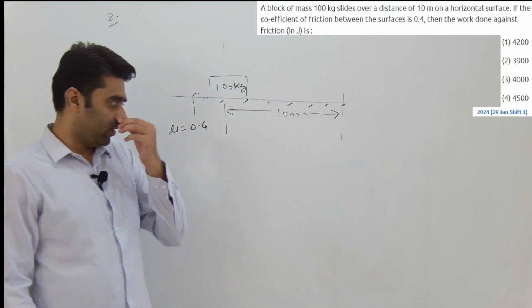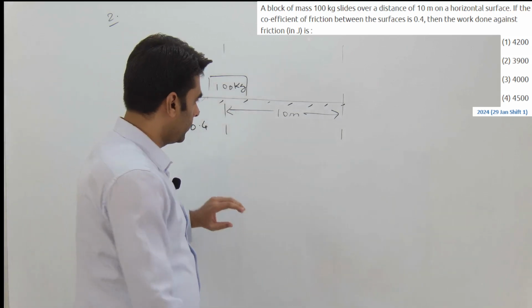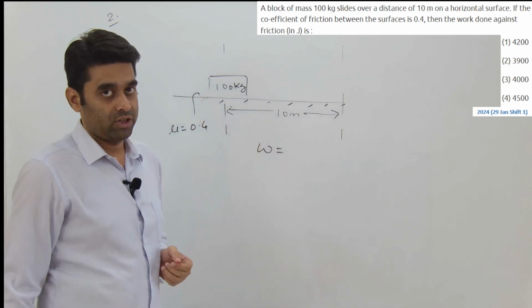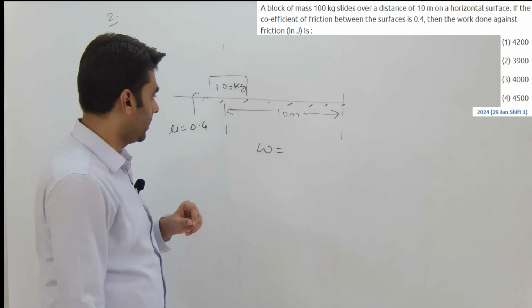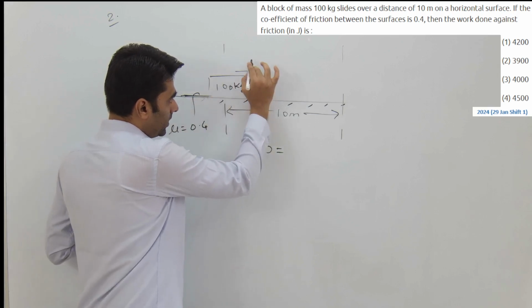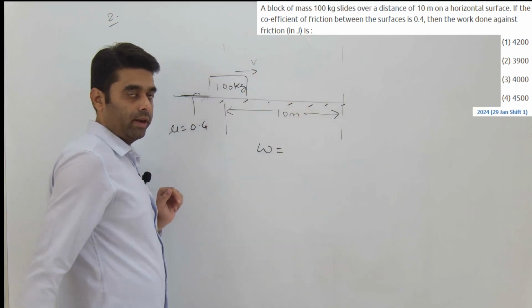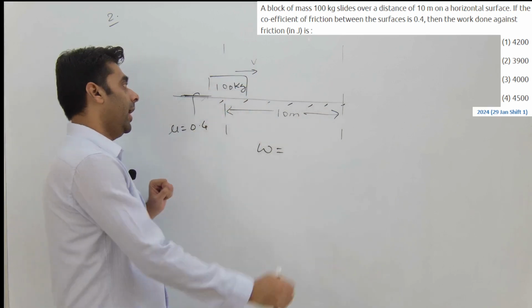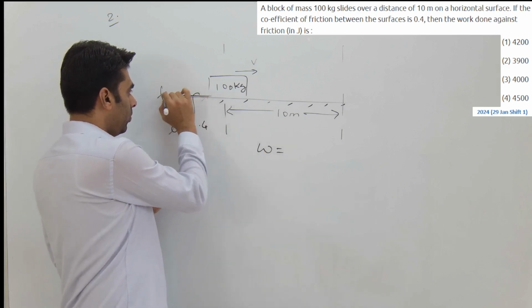So basically this is a simple question of work done, work done against the friction force. Over here the block is moving in this direction, the displacement is towards the right according to the figure I have drawn, and the friction force will be acting opposite.